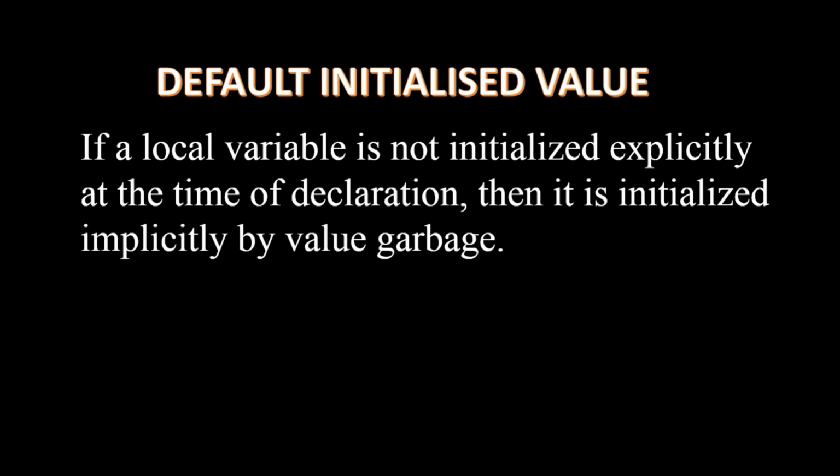So you must initialize the value, otherwise it is going to carry its own garbage value. That is the default initialized value, and that is a property of the local variable.